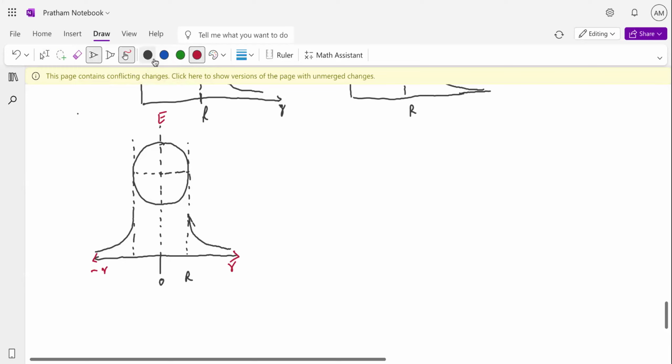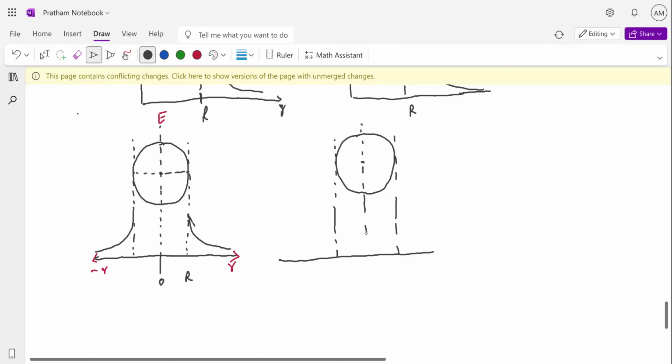Now for your potential, how will it look? This was the sphere, and this was the boundary it had. This was the very center. Here you had to calculate V. In this region, from there to there, you had a constant value, right?